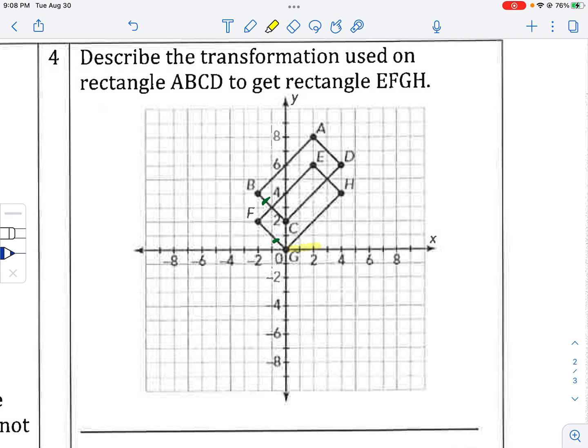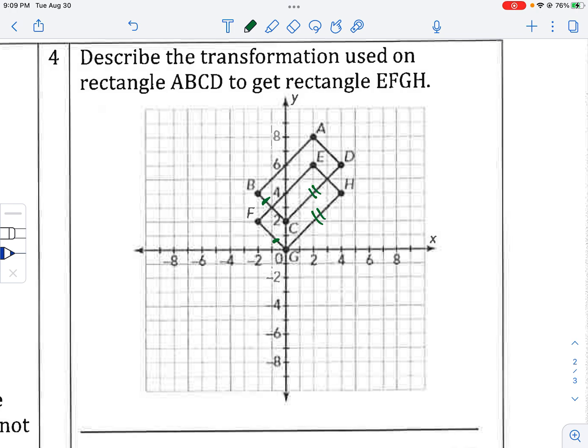Over 1, 2, 3, 4, and up 1, 2, 3, 4. So 4 and 4. So yes, these two sides are congruent to each other. Okay?